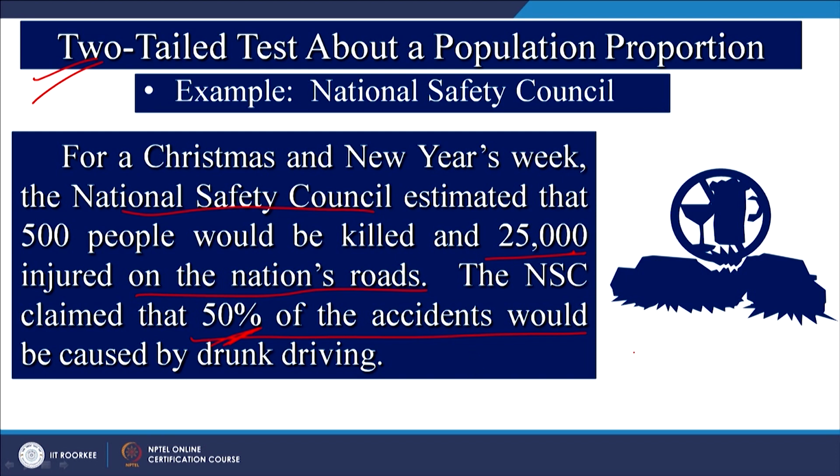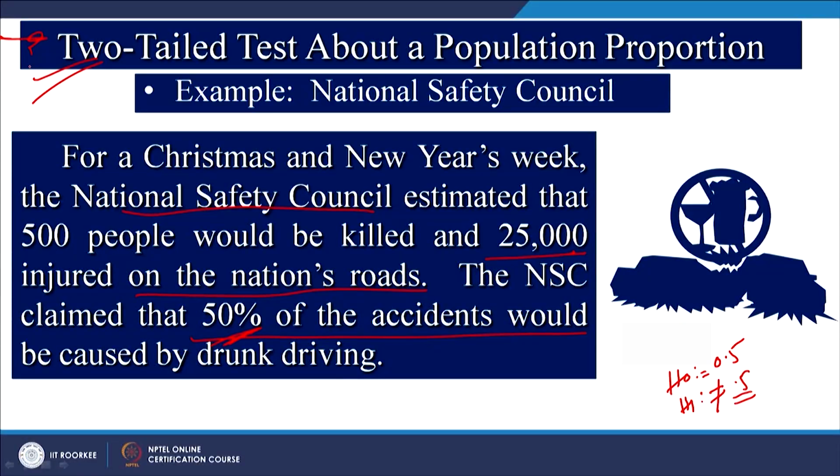So, this would be your null hypothesis: H naught, p is equal to 0.5, and the alternative hypothesis would be p is not equal to 0.5, is not it. So, this is a case of two-tail test. By reading the question and analyzing the situation, you should be able to frame the null hypothesis as well as the alternative hypothesis.